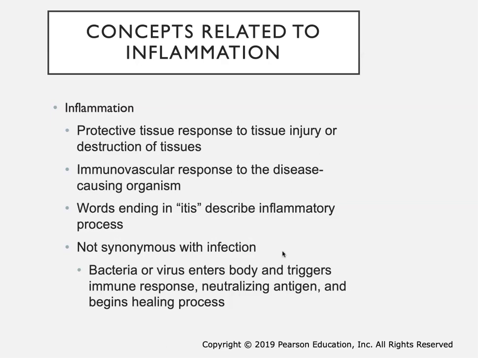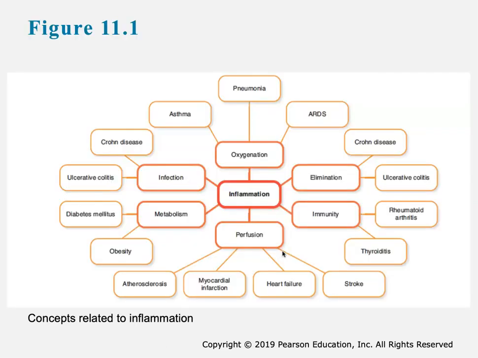Okay. All right. So if we take a look at this figure here, again, we have inflammation in the center, and we can visualize these primary concepts that are affected by inflammation. And really on the outside here are essentially diseases that are associated with inflammation, or excessive inflammation, I should say. Okay. So inflammation can affect oxygenation.